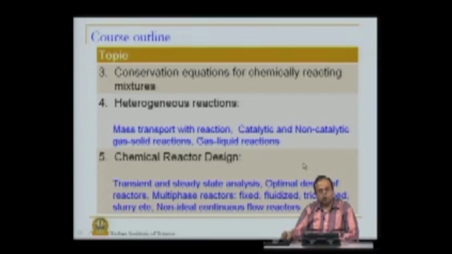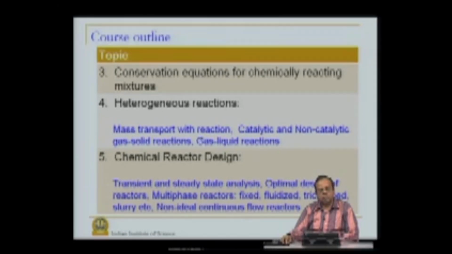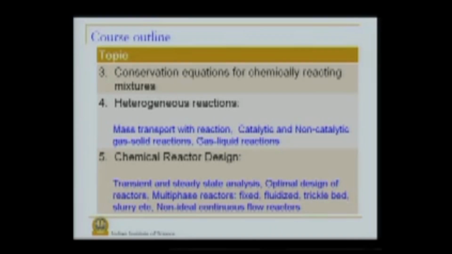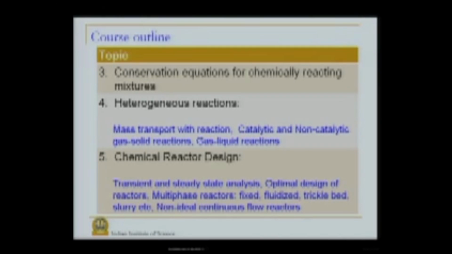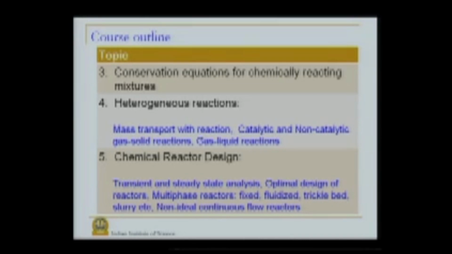The last portion of our course will be about chemical reactor design, both transient and steady state operations, looking at optimal design of reactors, various multiphase reactors, and some non-ideal flow conditions that come in. So, this in short is the overall introduction to the course that we are going to look at in subsequent classes. Thank you.